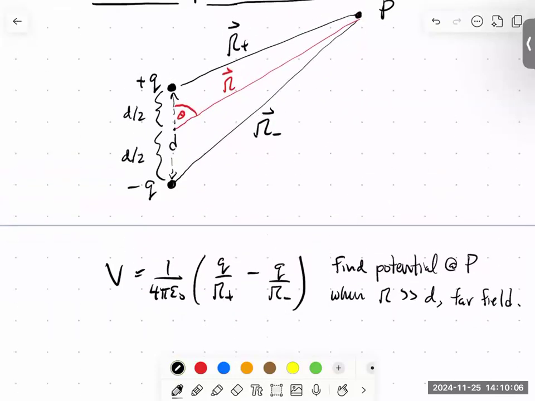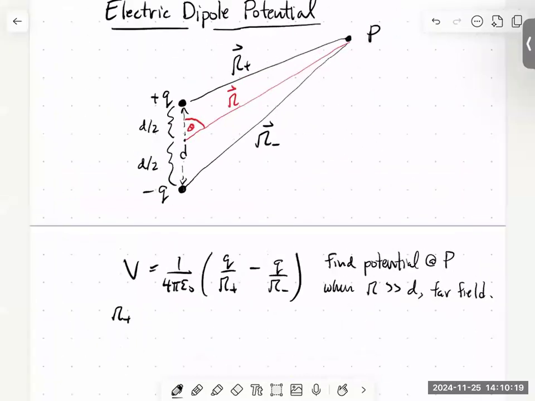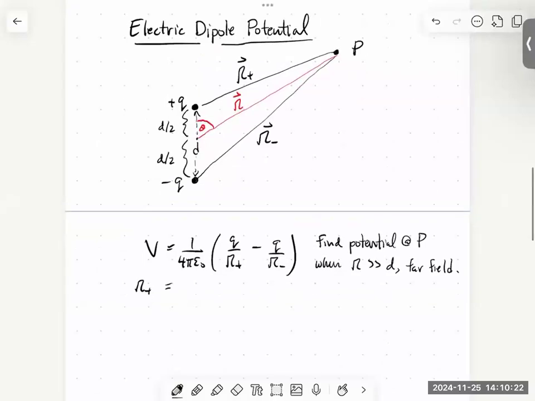All right. To begin, we'll use the cosine law to relate R plus to R. R plus is going to be, and we won't make any approximations yet, the square root of script R squared plus d by 2 squared. If it was a right angle triangle, we would be done.